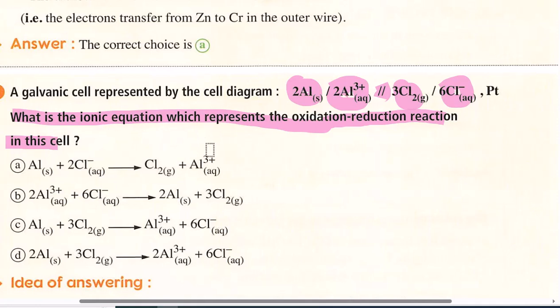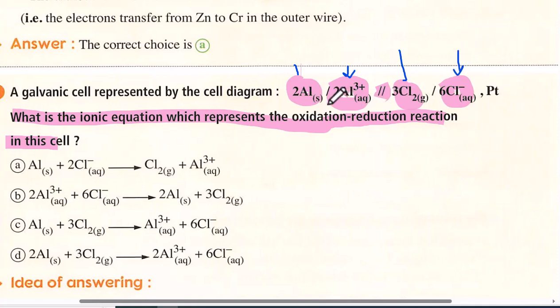So the oxidation reduction reaction, we can identify it by the diagram. This is the first reactant and this is the second reactant. This is the first product here and this is the second product.